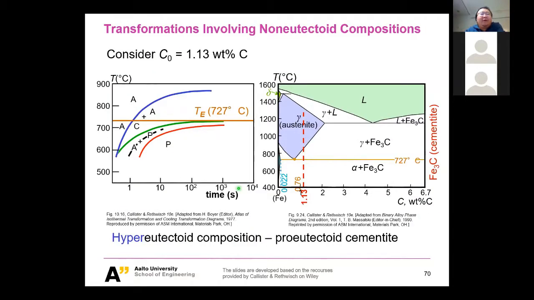And that is something if you have your eutectoid composition, but of course, your composition could be different. Now we're considering a composition not at eutectoid, but a little bit larger. So in that case, you will not just have pearlite, right? You will have a phase where you have gamma plus cementite, so austenite plus cementite here.